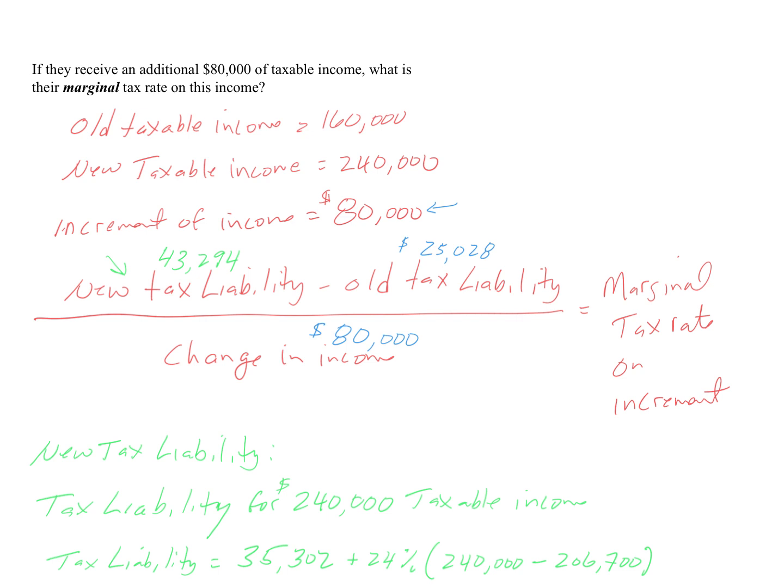Okay, so if we scroll back up here, our new tax liability is this $43,294. Okay, so all we have to do then is subtract our old tax liability from our new tax liability and divide by 80,000.